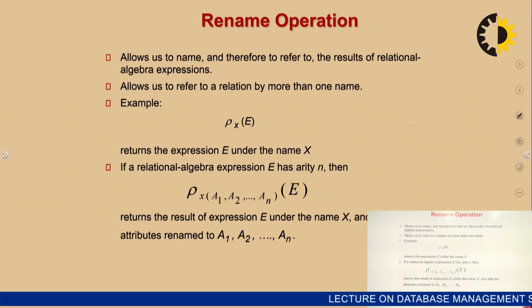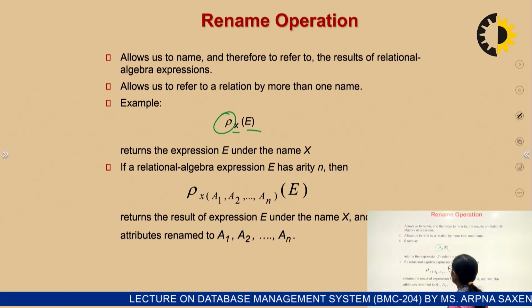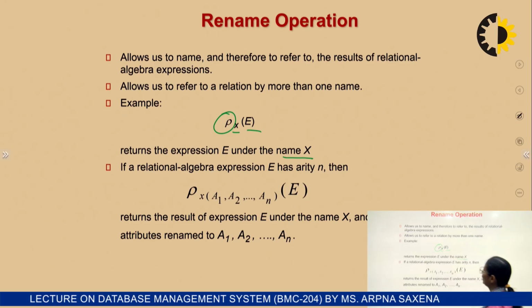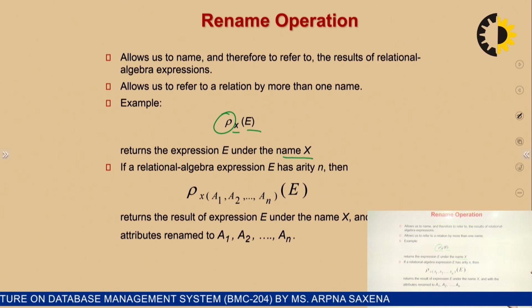Rename operation. The rename operation is again a unary operation. So here your operator rho, then x and E. Now what is the E? It is my expression under the name x. So it allows us to refer to a relation by more than one name.